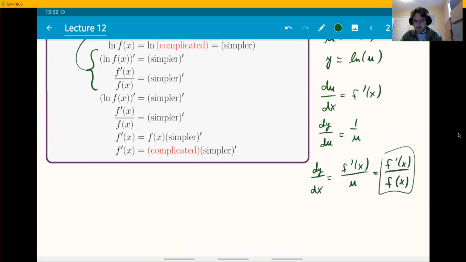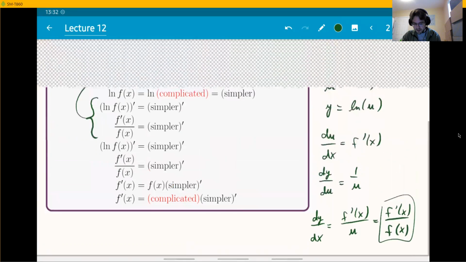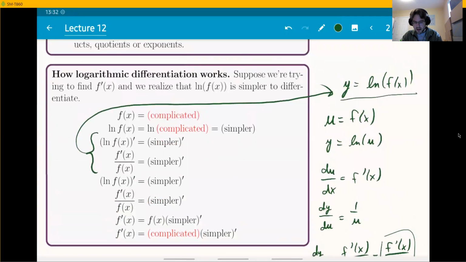So this f prime over f is the derivative of ln of f of x. So this justifies the step right here that I circled. All right, so you probably want to always remember this, that the derivative of ln of f is always equal to f prime over f.